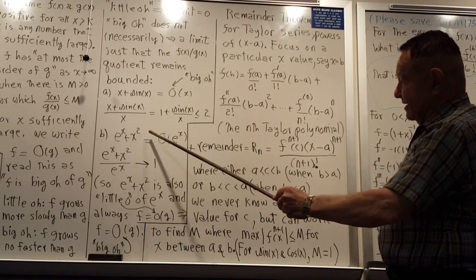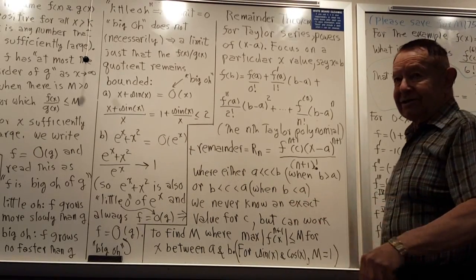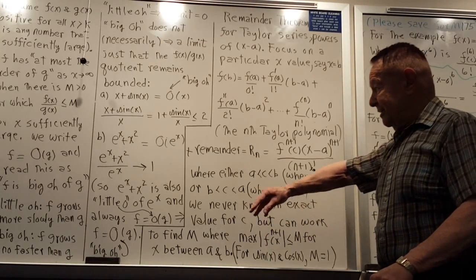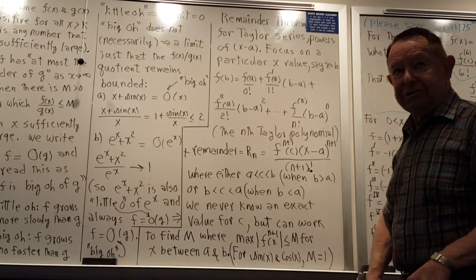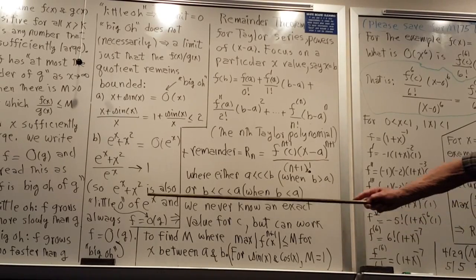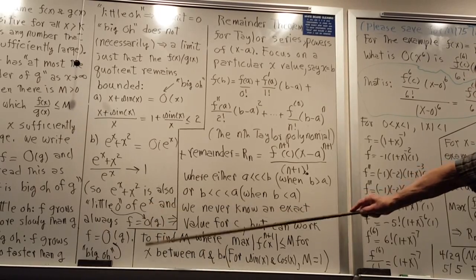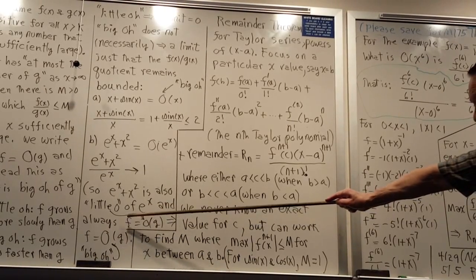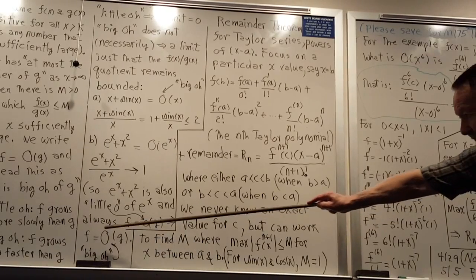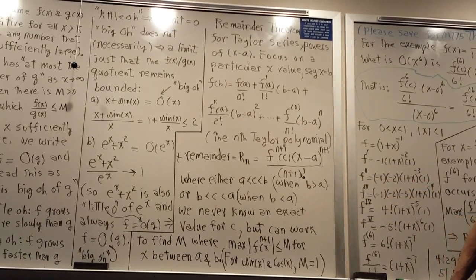If the left-hand side is little o of the function on the right-hand side, it's also big O, because if it does approach a limit, then you can also say the quotient is bounded. But you can't go the other way around. So this is also little o of e to the x, and also always, if f is little o of g, then it's also big O, but you can't turn it the other way.